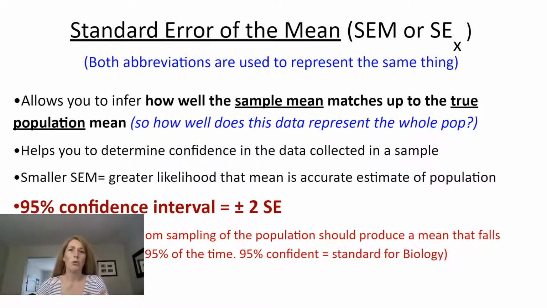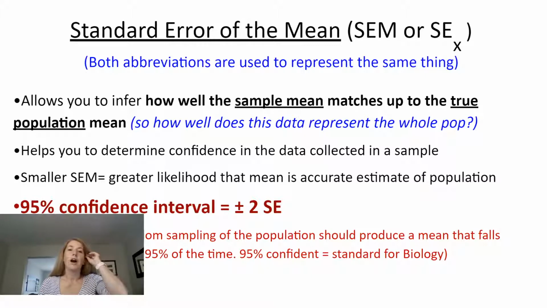The larger the number of samples I have, the smaller my standard error of the mean is going to be. The more variability I have, remember, more variability will mean a larger standard deviation. So the more variability I have in my data, the higher standard error I might have.